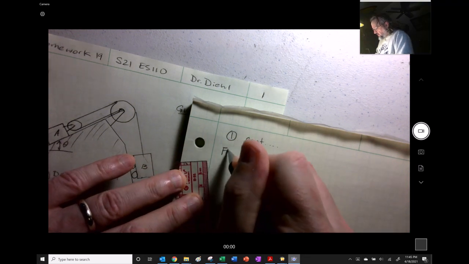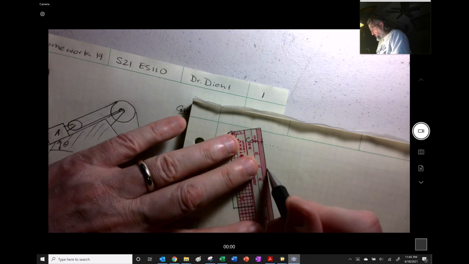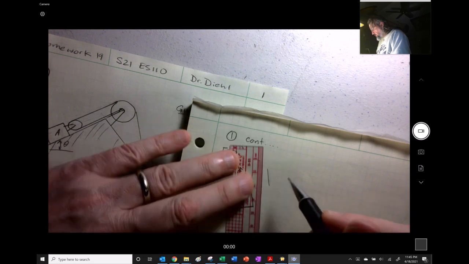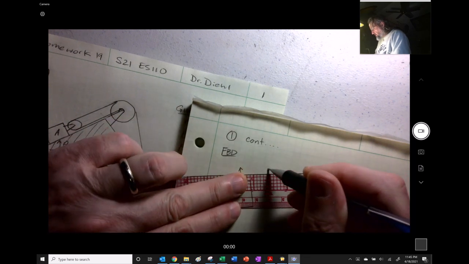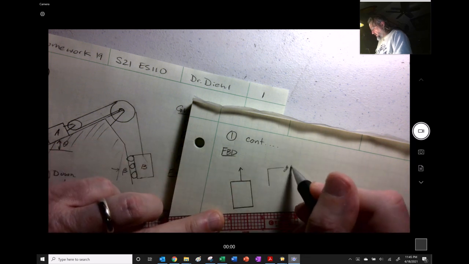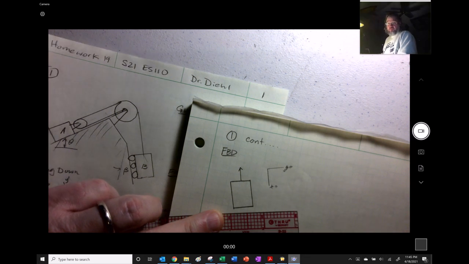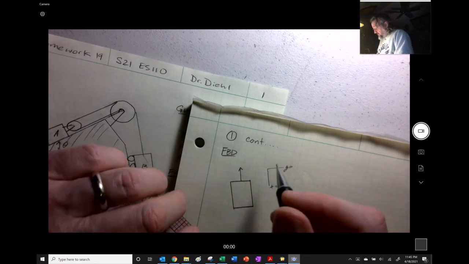So here's an FBD, and I am going to make this the, it does matter. Here's going to be my y double prime, my x double prime. They're different ones, double prime, whatever.